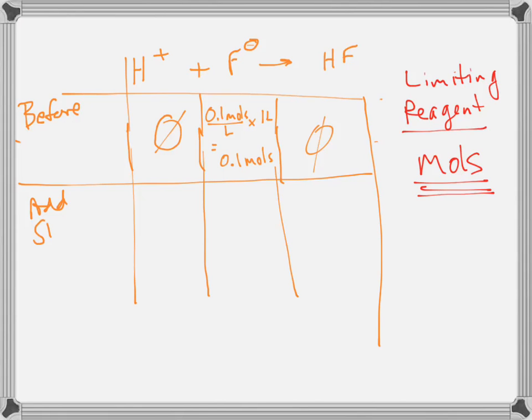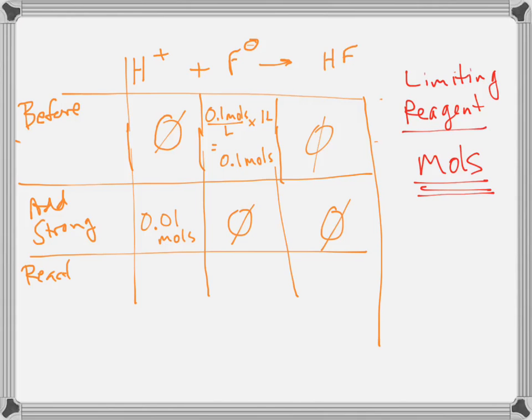Now we'll add our strong acid. So our F and our HF are going to be 0. How many moles of acid did we add? Okay. I definitely did not give myself enough space for this. Maybe I'll sneak it in.